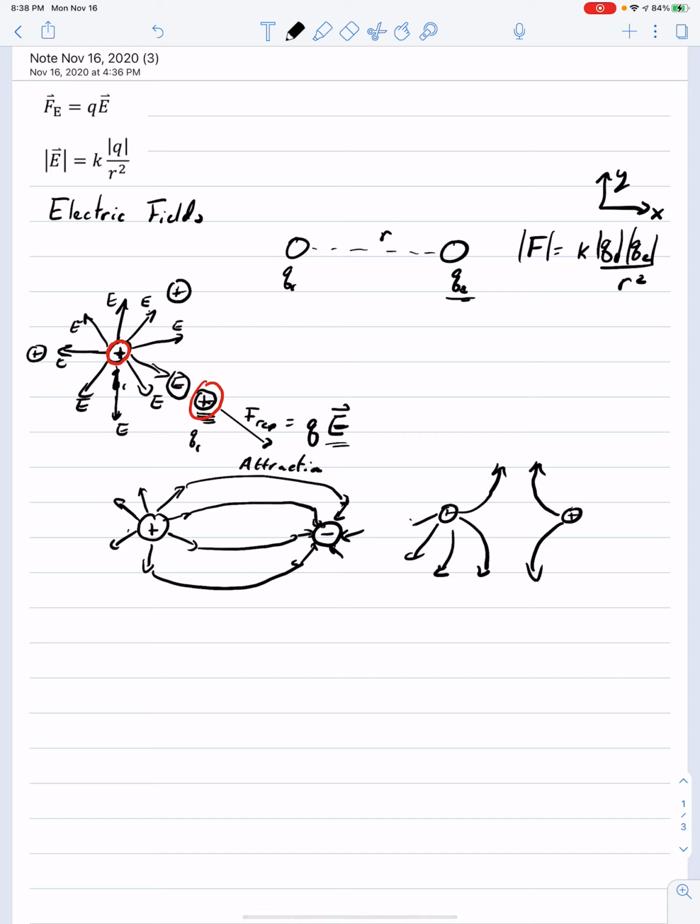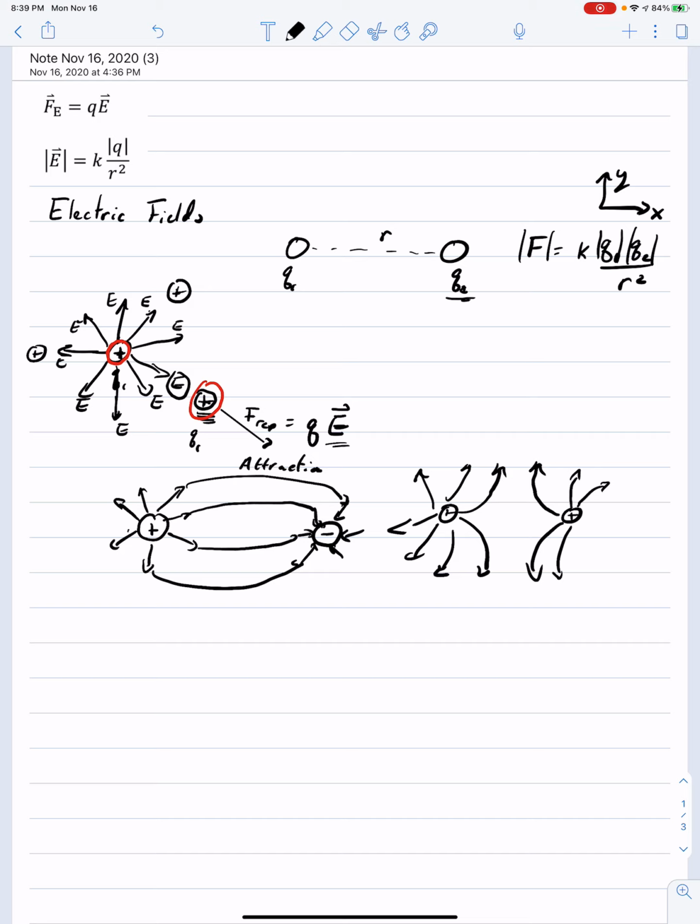So note to self, these vector lines, or the electric field lines, never cross. It has to do with understanding that an electric field line is only one type, one sign, and if they start crossing, then you have two different signs, and that's not physically possible.